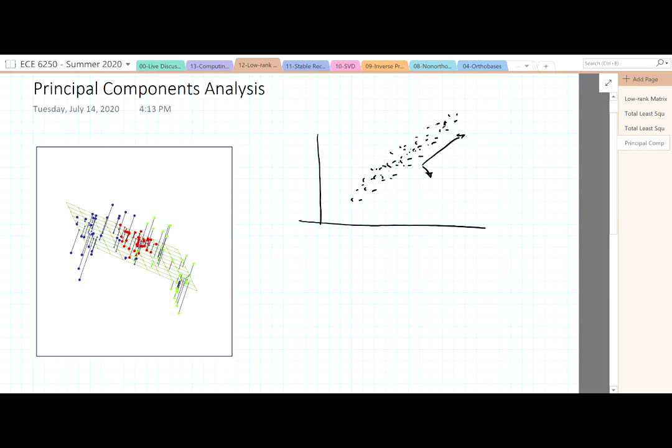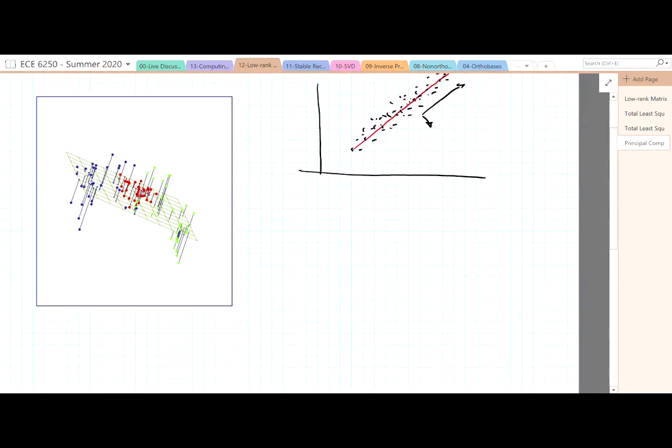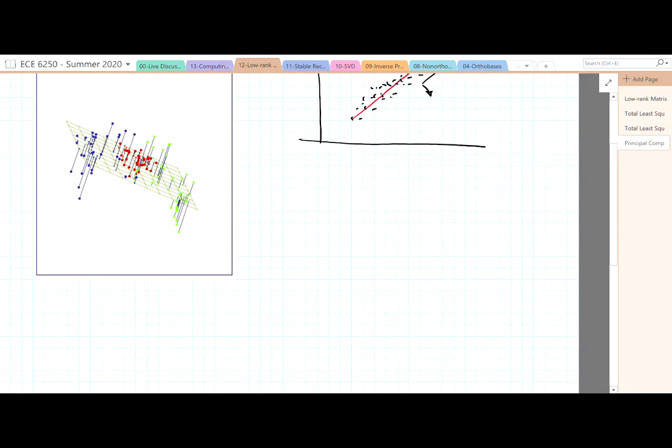And so PCA would find the direction with the largest variance and project the data onto that dimension. Or if there were very high dimensional data, you might choose multiple dimensions as a subspace and project the data onto that. So we're going to be looking at PCA as finding a subspace that most closely approximates the data we've got. This is very similar to the total least squares that we looked at previously.